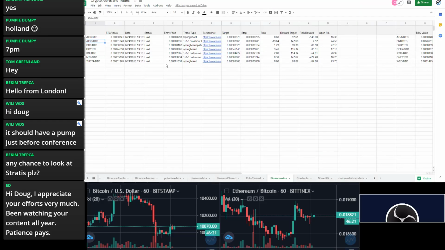All right, here's part of the crypto trading and alerts. These are the coins that we are holding that are above 10% profit right now. And that changes as the coins come up and the Bitcoin value of the coin currently goes up past our entry point. We can see that it was a springboard trade entry. We've got our target for where we could be taking initial profits at those levels.